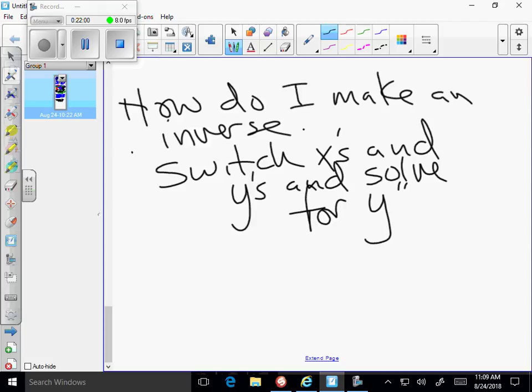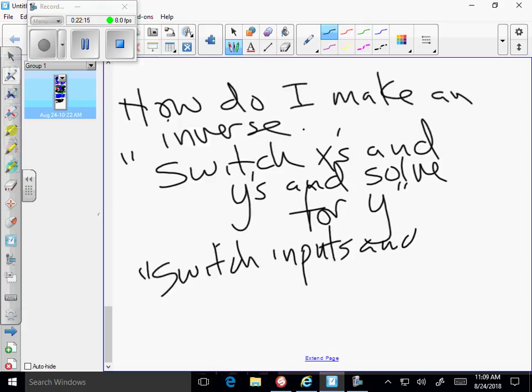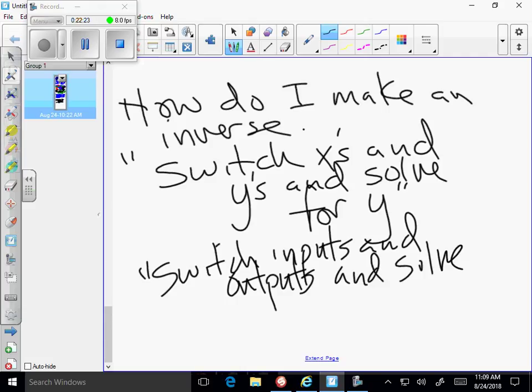This is what students usually tell me. Well, you know me, I like to be a little more specific. I like to say switch inputs and outputs, because they aren't always x's and y's, and solve for output.